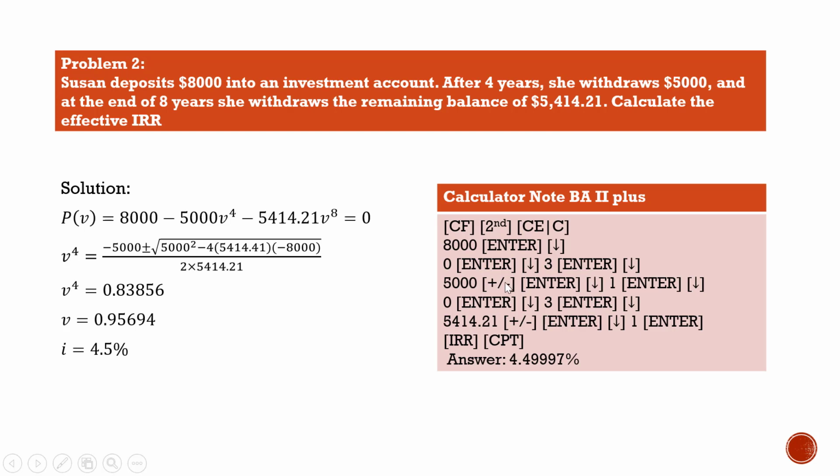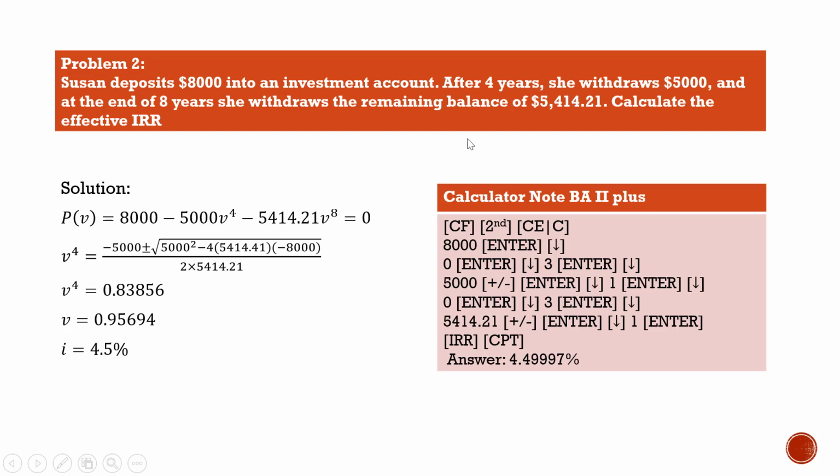So 5,000 plus or minus, hit enter, scroll down, 1 for frequency, enter, scroll down, and then from time 5 to time 7, there's no transaction. So the cash flow from time 5 to time 7 is 0. So we enter 0, hit enter, scroll down, 3 for frequency, because from time 5 to time 7 we have 3 years. Then hit enter and scroll down.